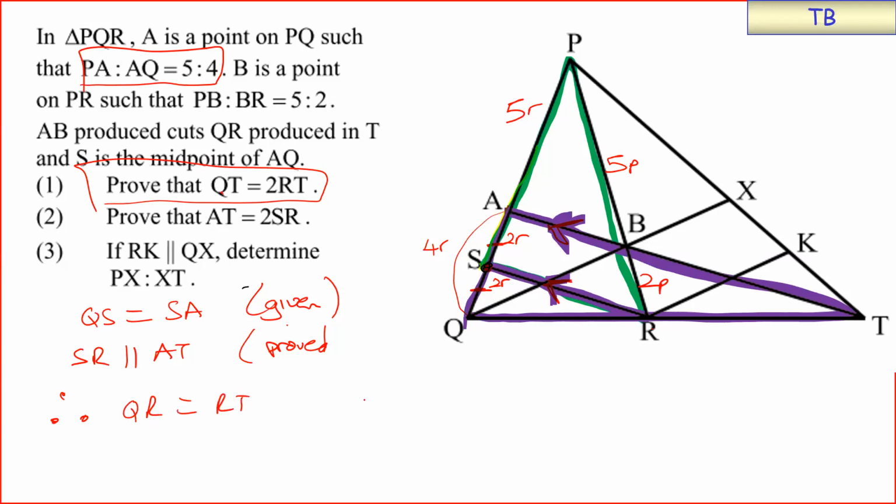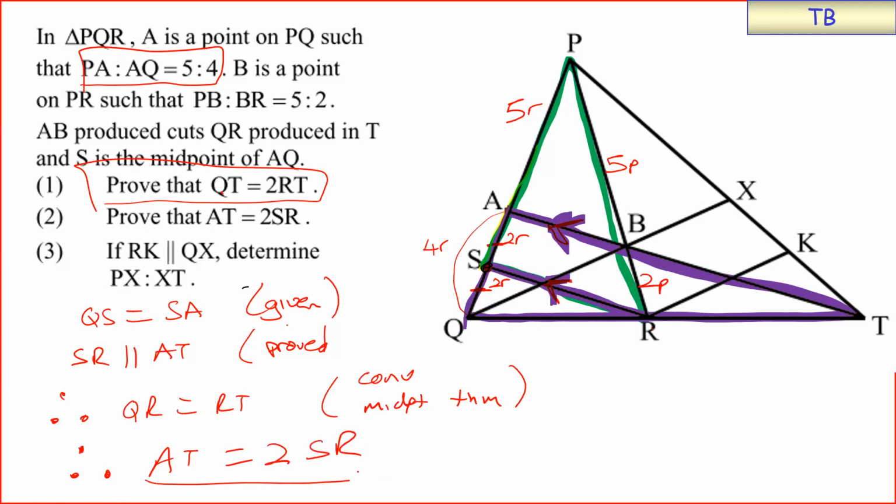In other words, R is the midpoint, and that is the converse of the midpoint theorem. And therefore, the midpoint theorem states that AT would actually be twice of SR. And that is the midpoint theorem.